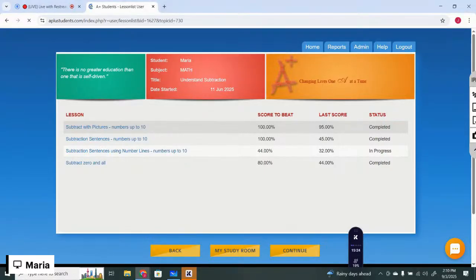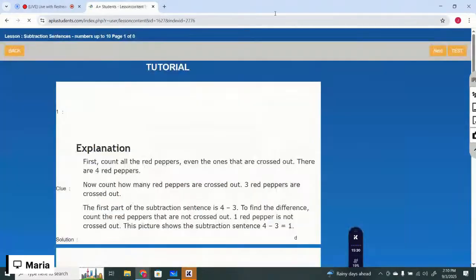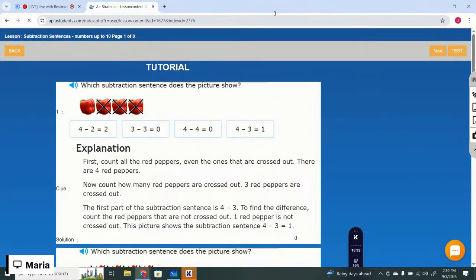The next lesson is Subtraction sentences, numbers up to 10. The next one is, which subtraction sentence does the picture show?